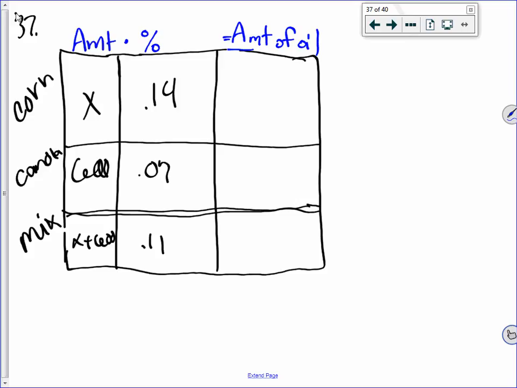I would do 0.14x, and then for the next one, what's the one on the far left? 600. So then you multiply that: 600 times 0.07, I think it's 42.